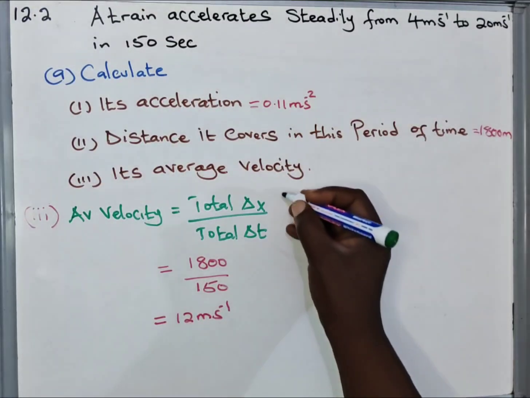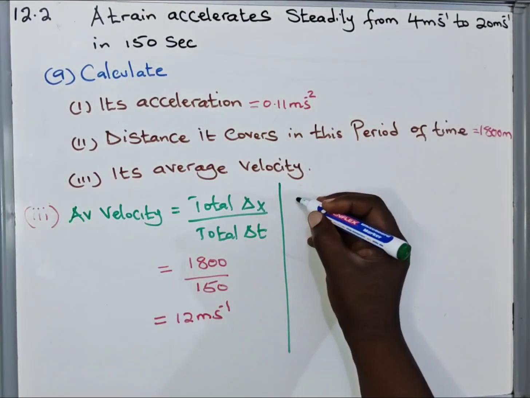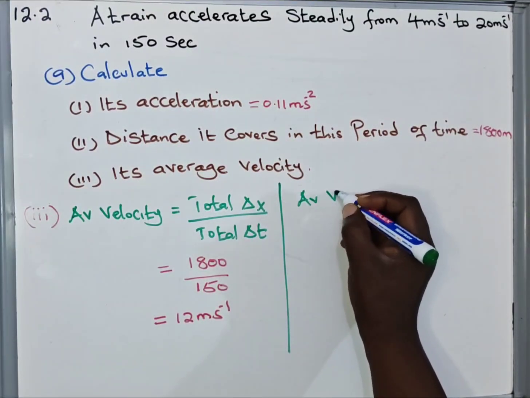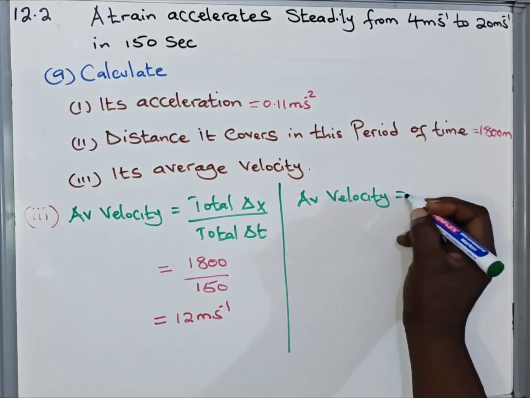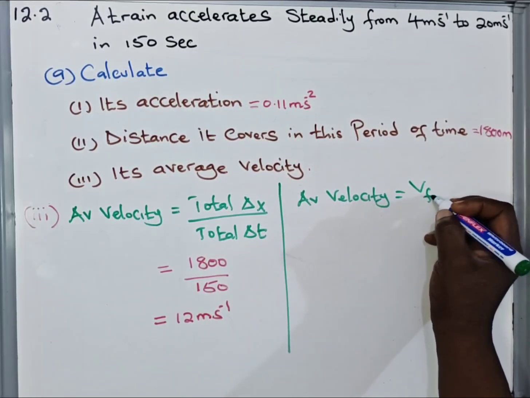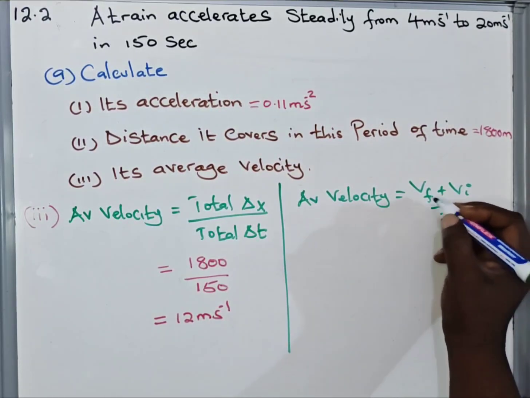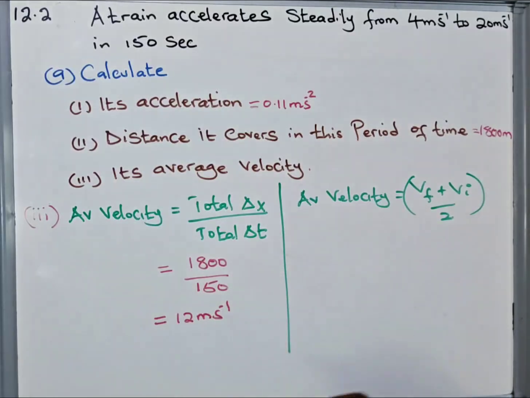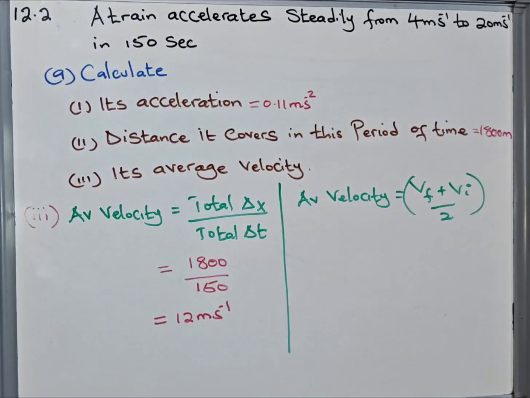Another alternative, we can use this: average velocity is equal to V final plus V initial over 2. Yes, the way we used to do averages in grade 8: if you have two entities, you add them and divide by the number of entities.